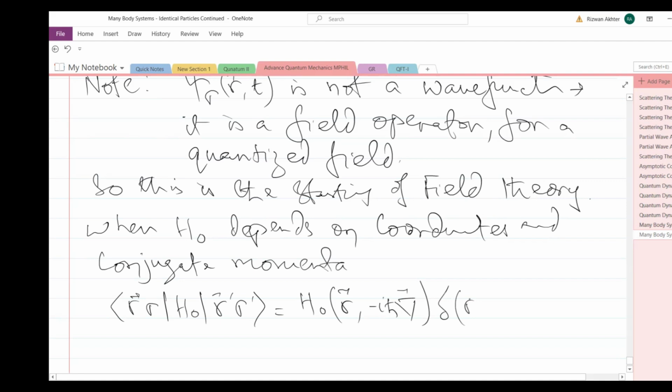This would be R minus R prime and delta sigma and sigma prime.